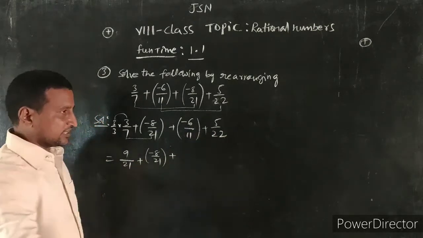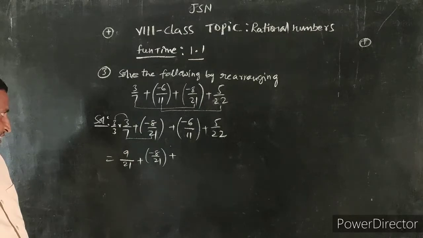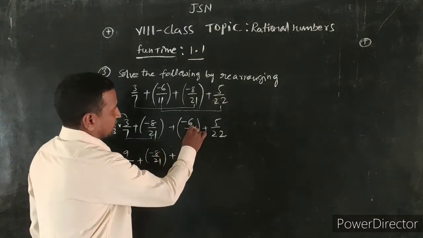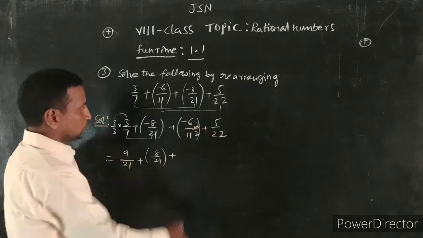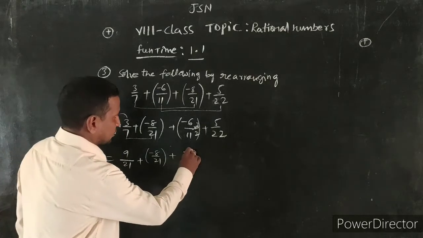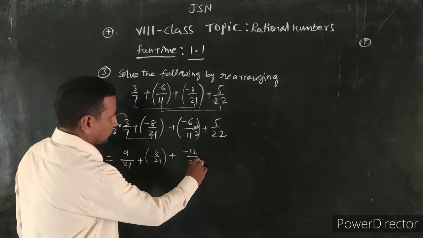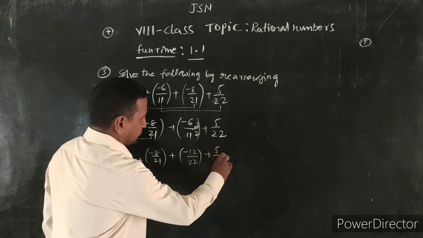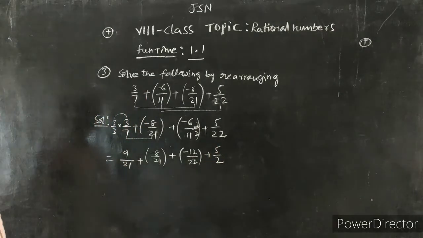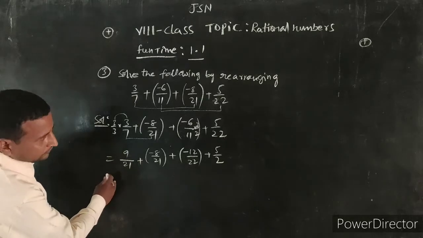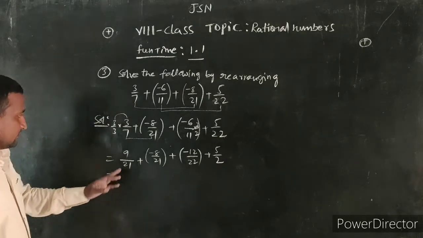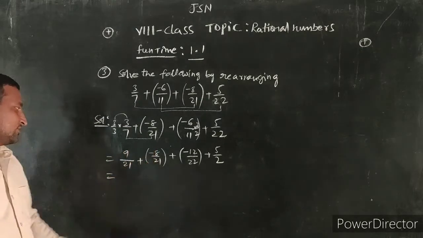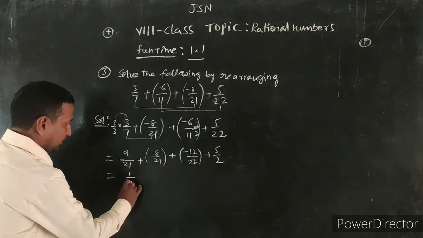For the denominators 11 and 22, the LCM is 22. Multiply the numerator and denominator by 2. So minus 12 by 22 plus 5 by 22. Add the numerators. 9 minus 8 means 1 by 21.